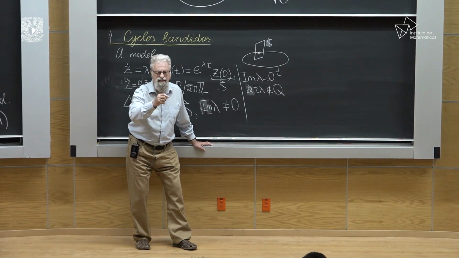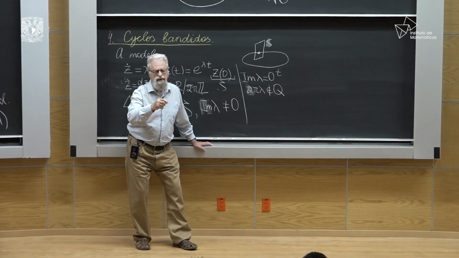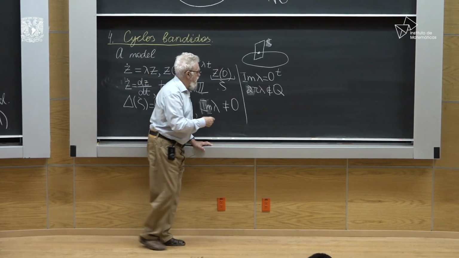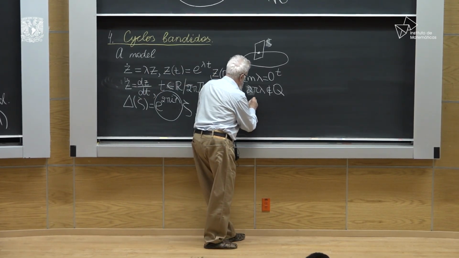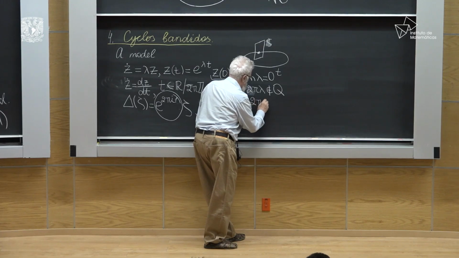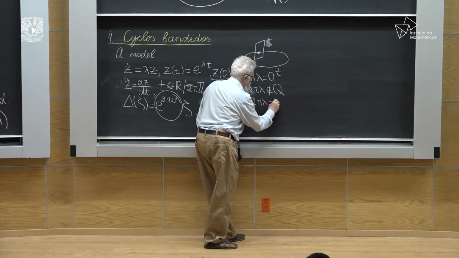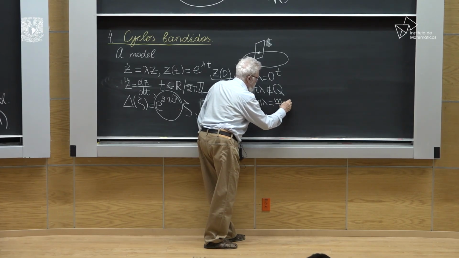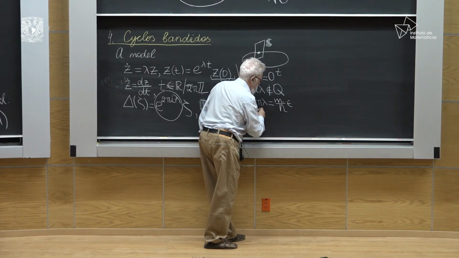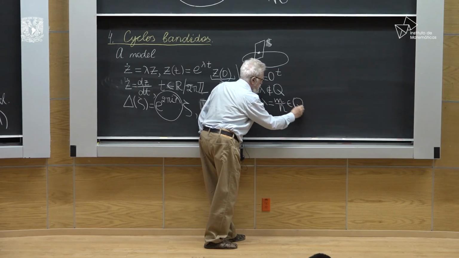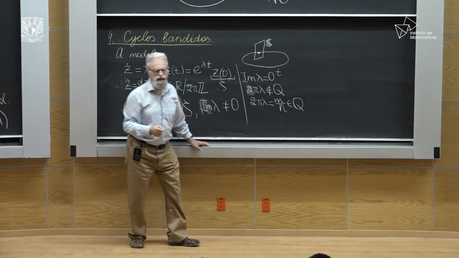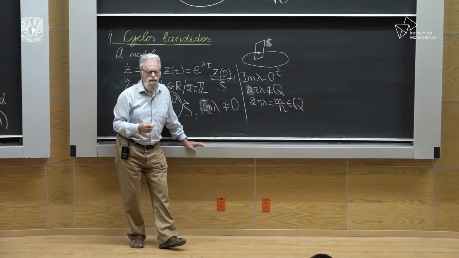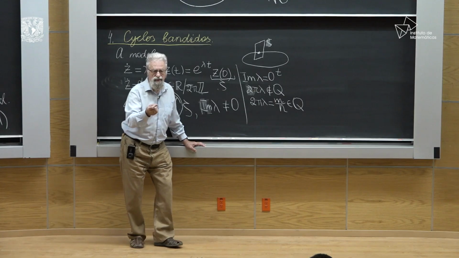There are dense orbits on any circle. Yes, yes. What if this is an irreducible fraction? What if 2 pi lambda is rational? Then what may be said about the orbit?